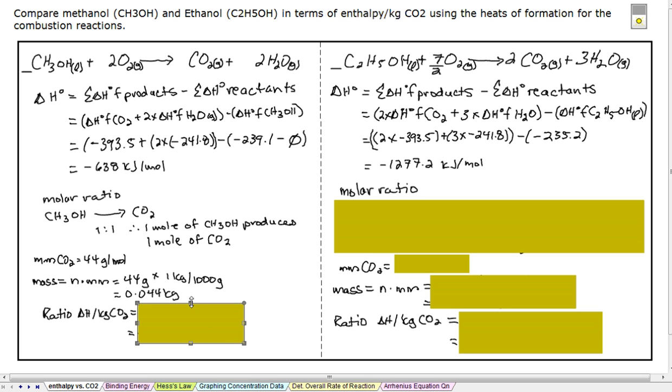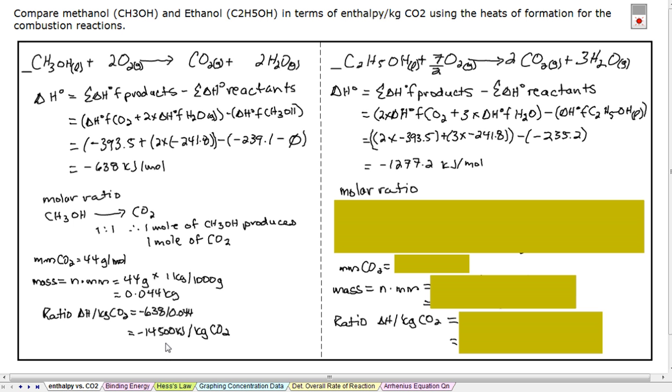Now I need to look at my ratio between my heat of reaction and my mass of CO2 produced. I get 638 kilojoules of energy for 0.044 kilograms of CO2. I want to know how much energy I would get for 1 kilogram, so that's why I'm dividing here. And I get 14,500 kilojoules of energy for every kilogram of CO2 I produce.